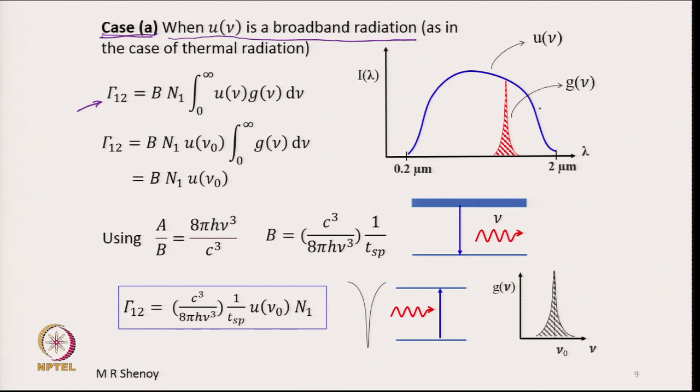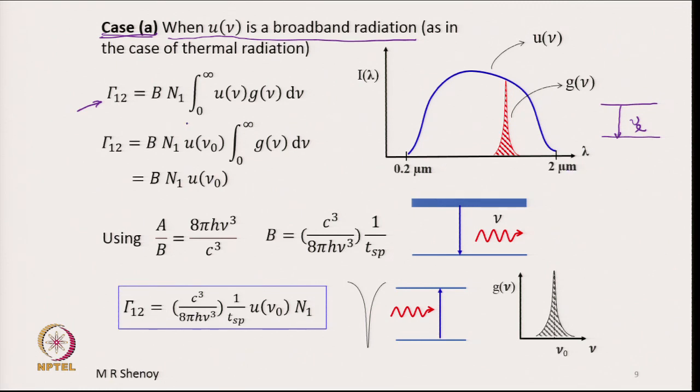For example, this is u nu and this is G nu. Why is G nu so narrow? Because it is the line shape function characterizing one transition, centered around the central frequency nu 0 corresponding to this energy difference, and therefore it is a narrow spectrum. G nu is a narrow spectrum and this is a wide spectrum.